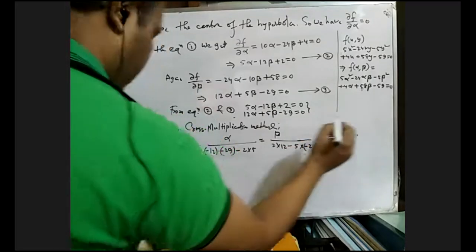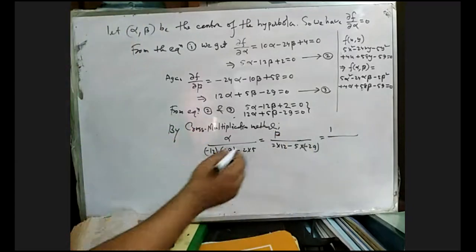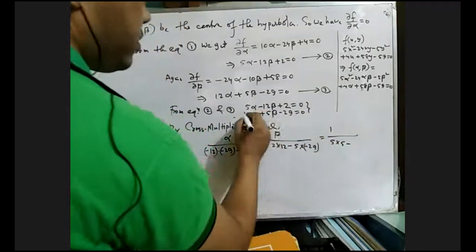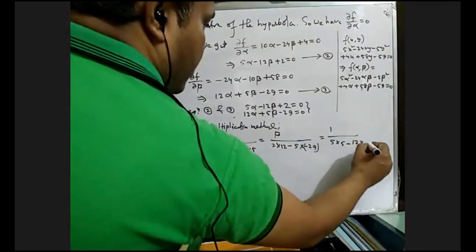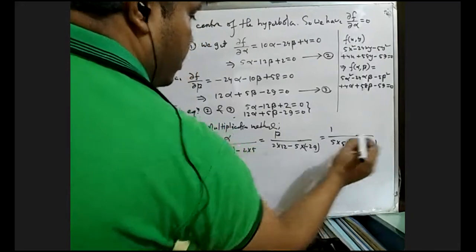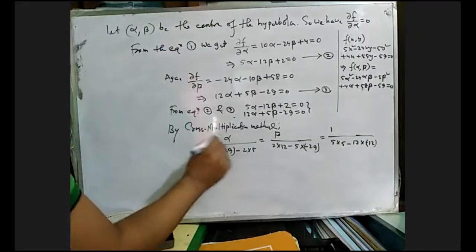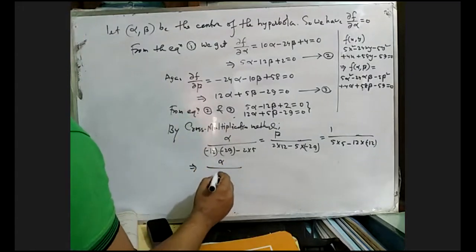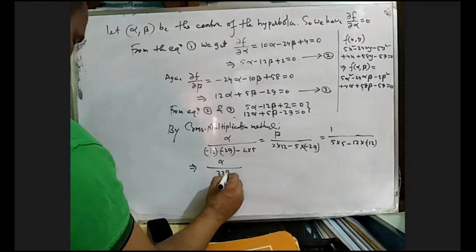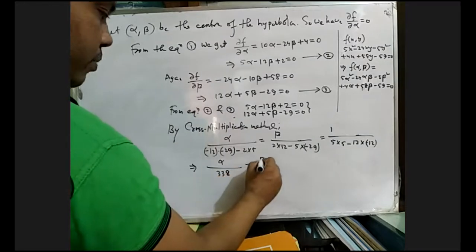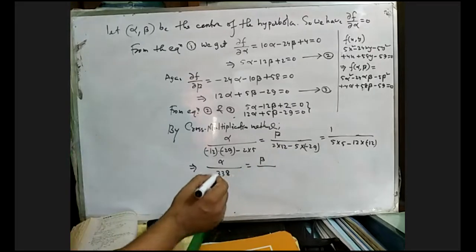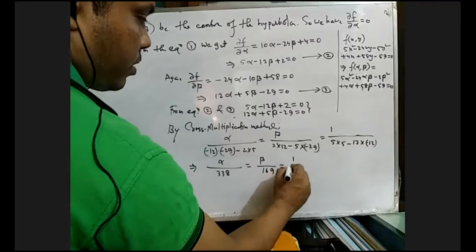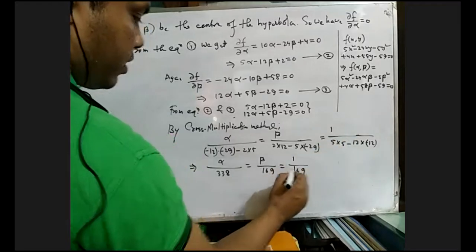Again, 1 divided by 5 multiply 5 minus minus 12 multiply 12. So from this ratio, alpha divided by 338, beta divided by 169, and 1 divided by 169.